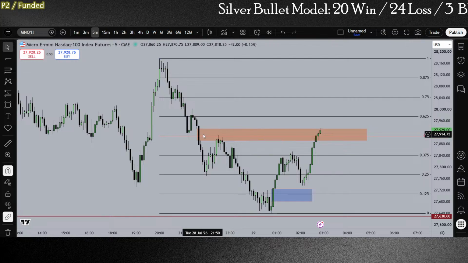At 50% of this range, there is a CB that could act as an inversion fair value gap up. It left the BISI here open.